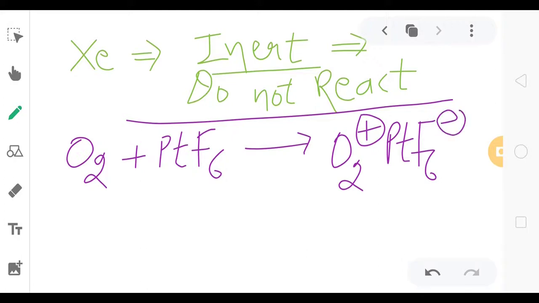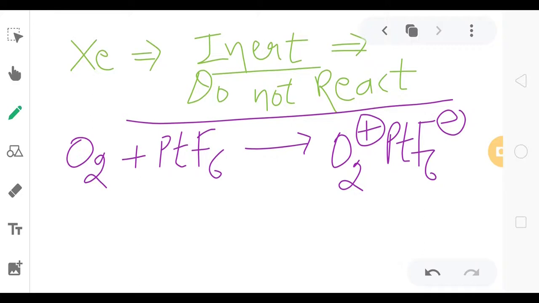This was the driving force. This was a turning point when one thought that noble gas elements can show reactions. This was the turning point when the scientist thought that the noble gases can show some reactions similar to these.